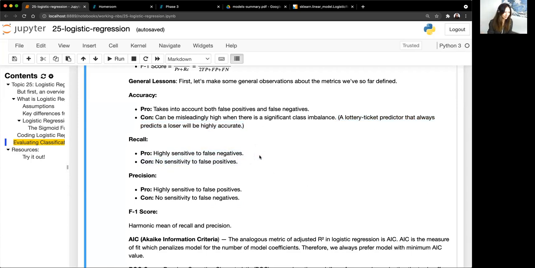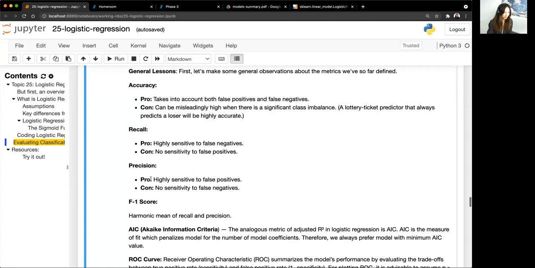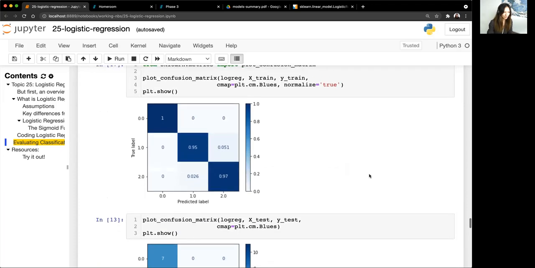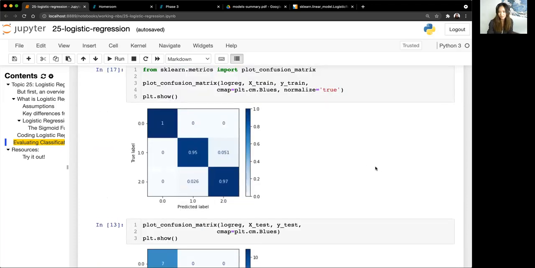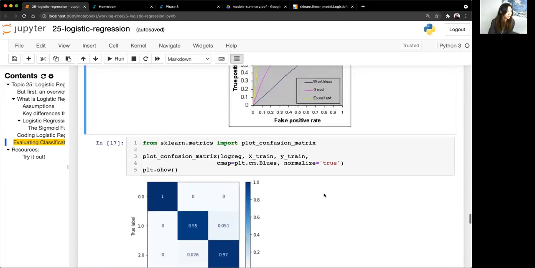So that's one thing about recall. For precision, precision is kind of the opposite issue. In this case, precision will be slightly different. How do I think about precision? Basically, if you were to look at the confusion matrix, precision and recall will worry about different things. Recall will worry more about the rows, precision will worry more about the columns. So that's one way to think about it too.